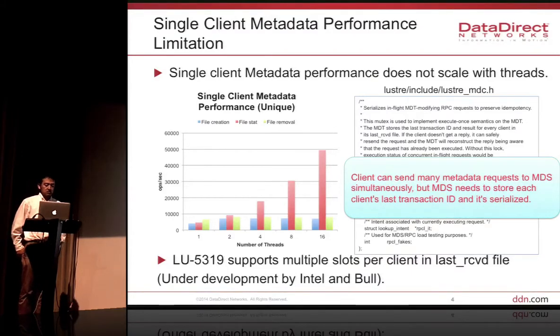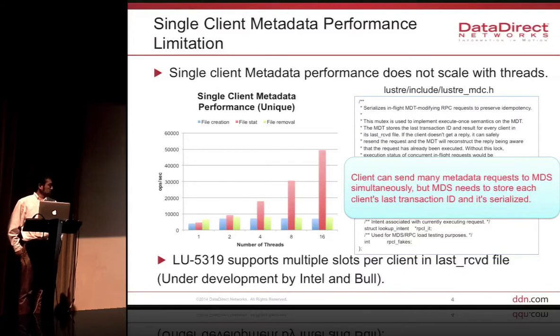Even though the client can send metadata requests to the MDS simultaneously, the MDS needs to store the last transaction ID per client into the MDT. So the limitation is there: there is only one slot per client to store the last transaction ID, so it is serialized. Even if the client can send many requests, finally it is serialized in the MDT.